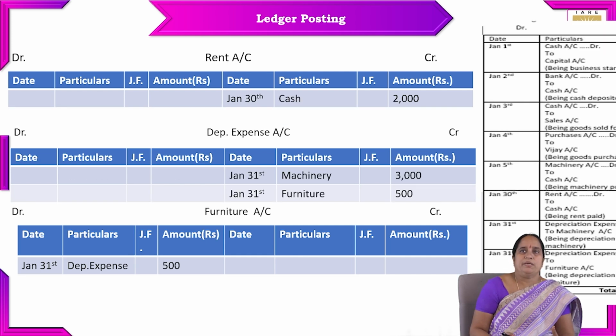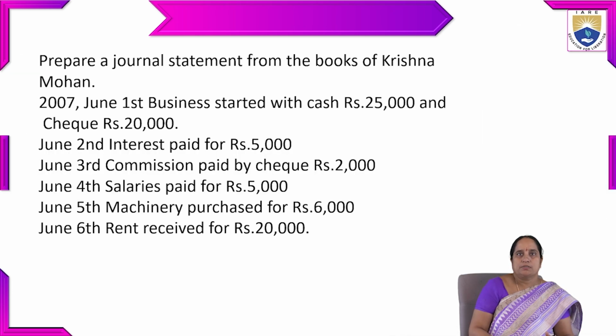So that should be based on the particular transaction. Okay, and furniture account. So like that, based on the journal entries, we used to post the same transactions in various accounts.